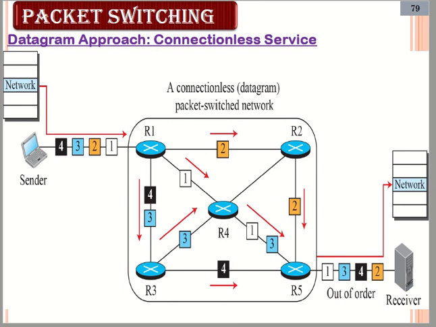Circuit switching deals with the physical layer, whereas packet switching is in the network layer. We have seen the first approach, the datagram approach, which is used in connectionless networks. We'll move on to the next approach in the coming video lecture.